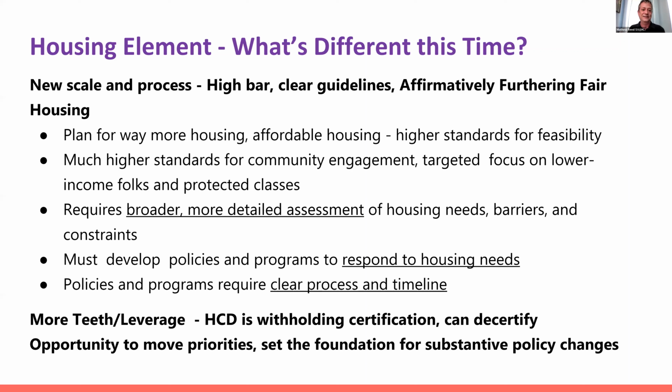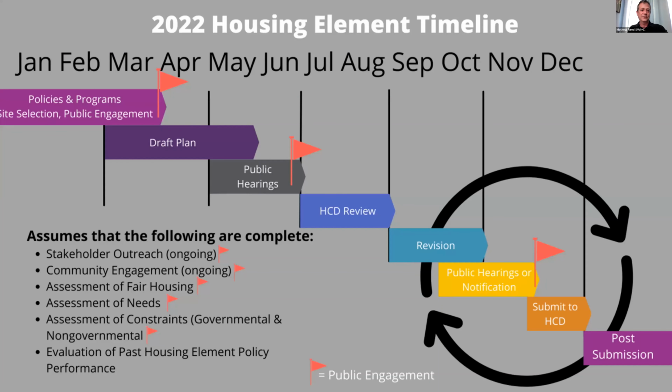If we could go to the next slide. Oh, sorry. This is a timeline slide. We are behind schedule. And what we're really going to be talking about today is this little circle at the bottom, in which there's the draft and review and ongoing public engagement.